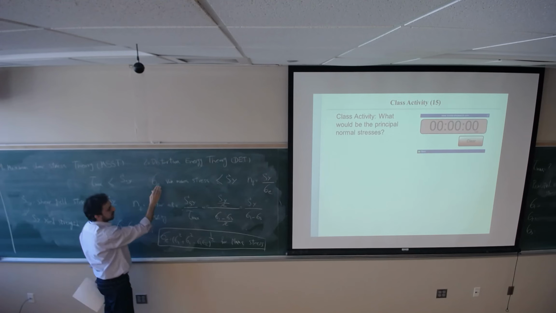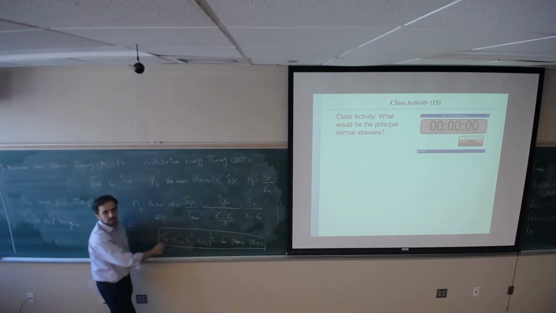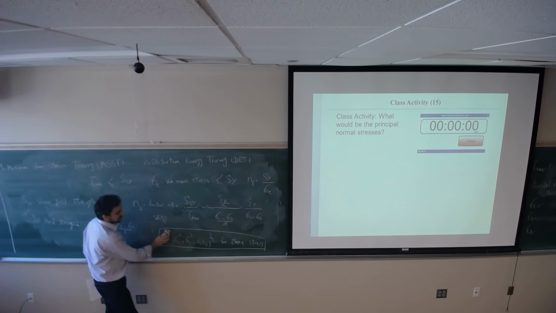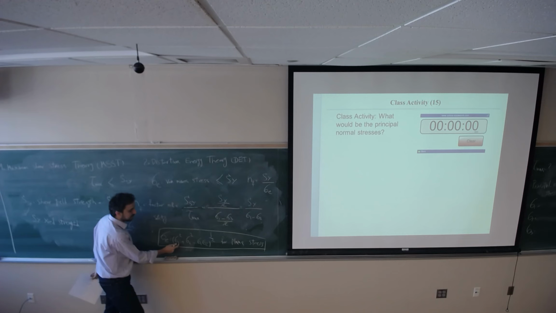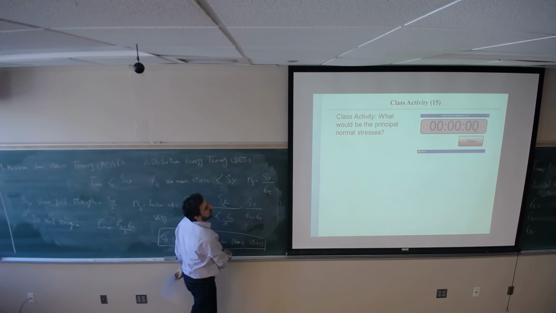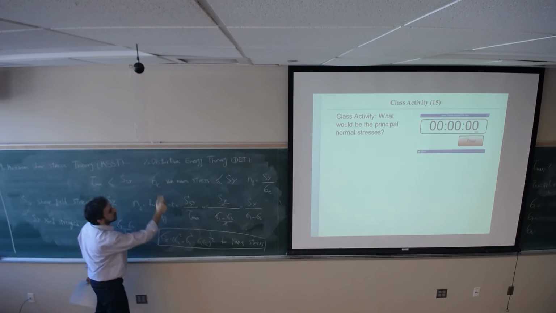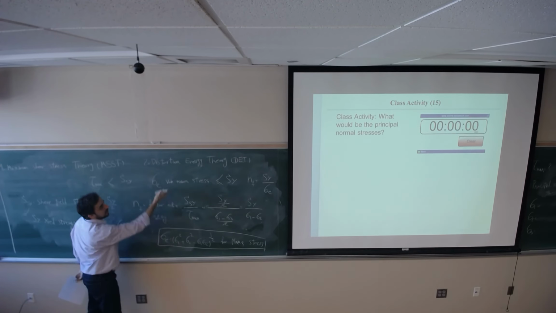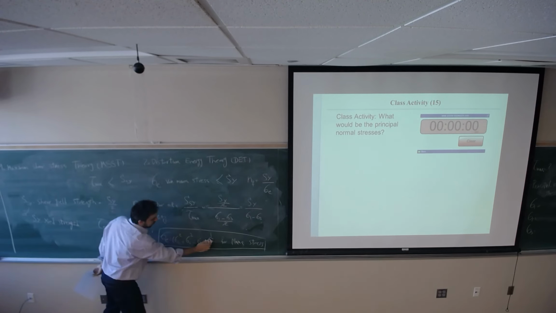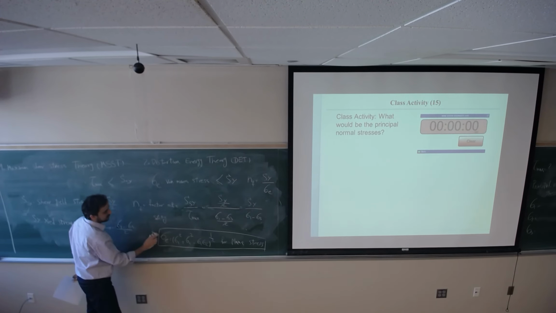It's a mathematical equation, basically. Because here we have sigma 1, sigma 2. Which one should be compared with SY? So based on the distortion energy theory, you can find this value and compare it with SY.